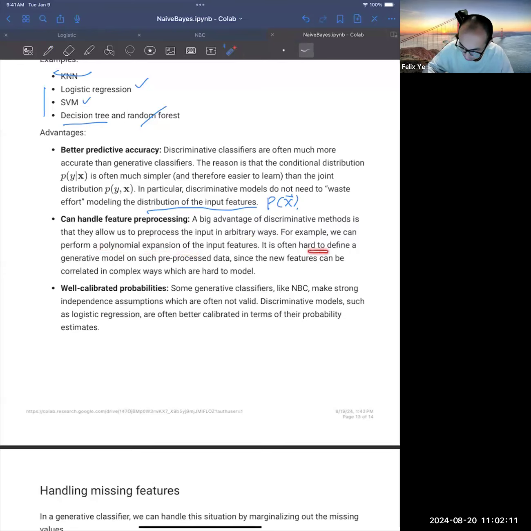It will be harder to define generative models for such pre-processed data, because the new features can be correlated in a very complicated way, which is very hard to model for the distributions of the input features.